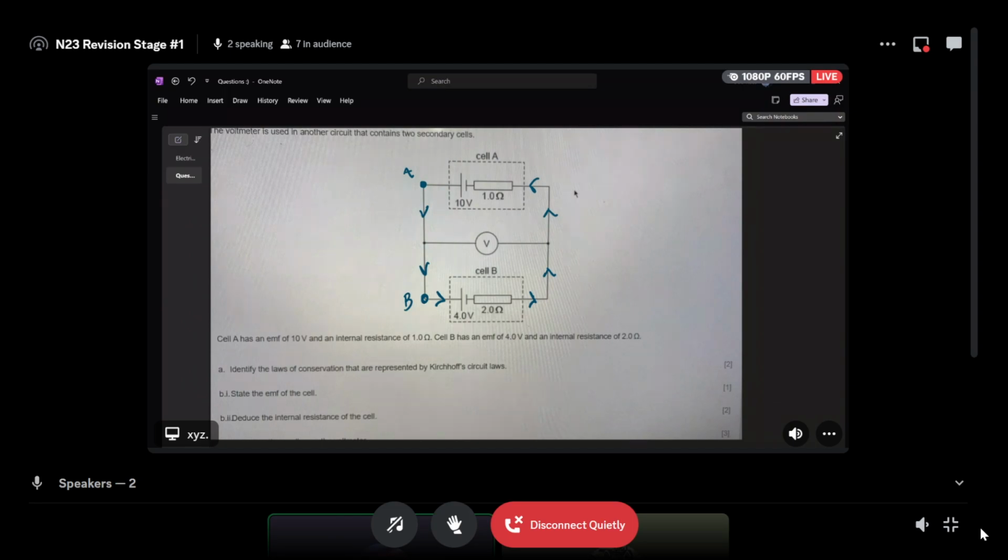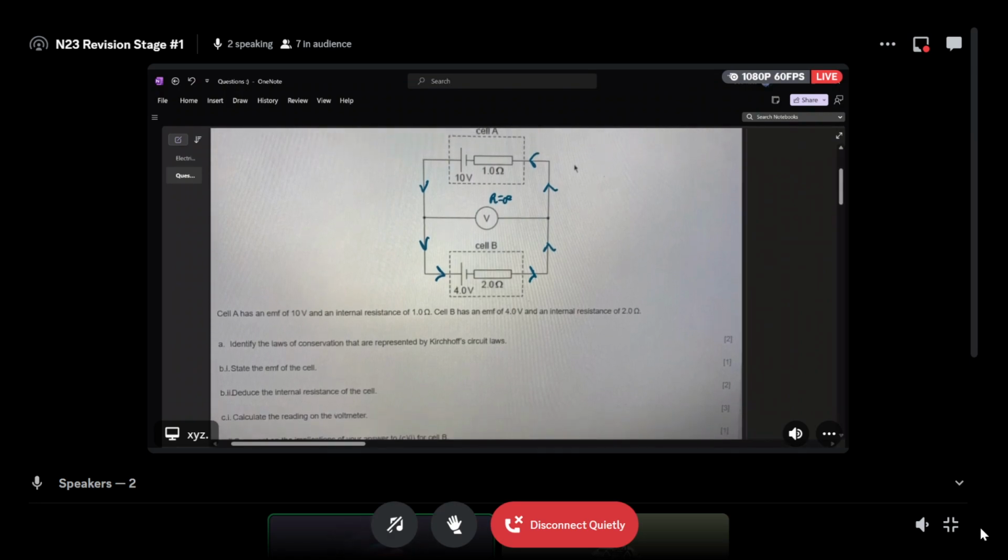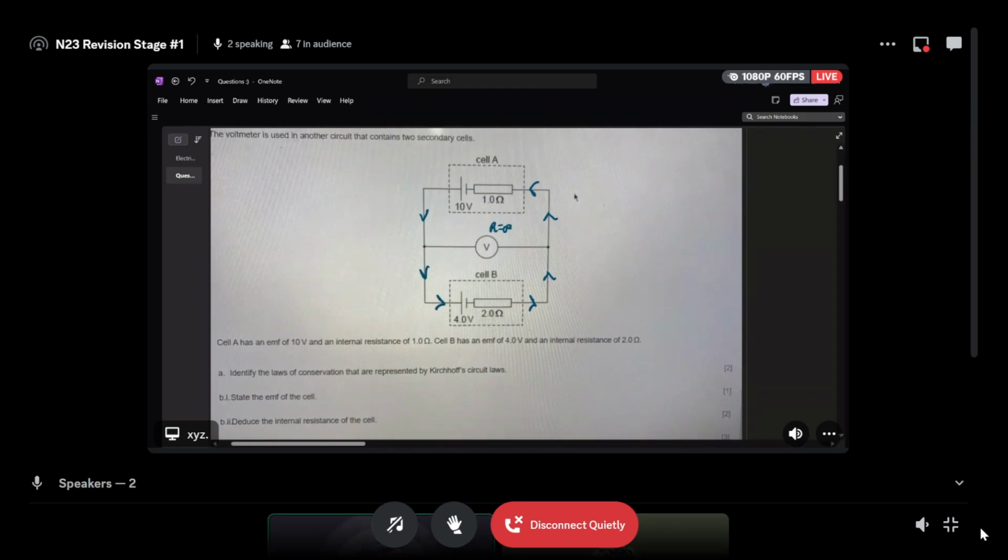And if we remember correctly, an ideal voltmeter has infinite resistance, so there will be no current flowing through there. And that's actually how they measure the voltage, because no current is able to flow through them. We're able to see the difference between 2 points.